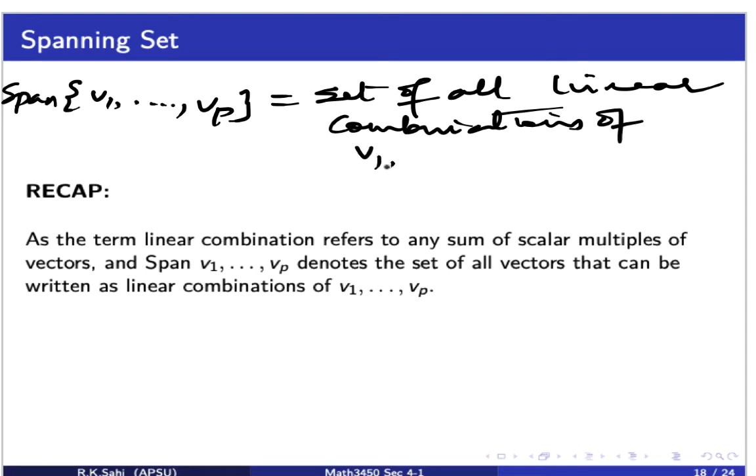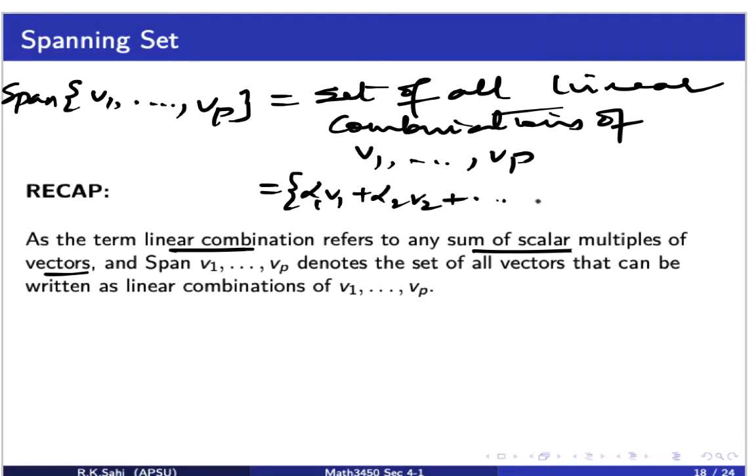of v1 to vp. Now, if you're forgetting what is meant by linear combination, it is the sum of scalar multiples of the vectors. For example, you can think of this as alpha 1 v1 plus alpha 2 v2, up to alpha p vp.